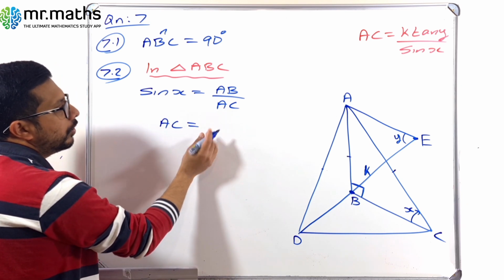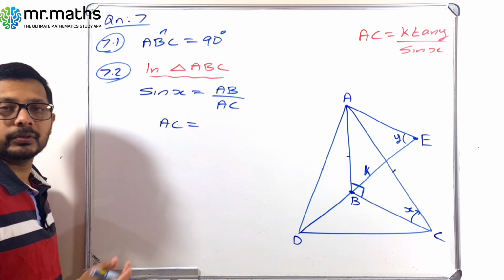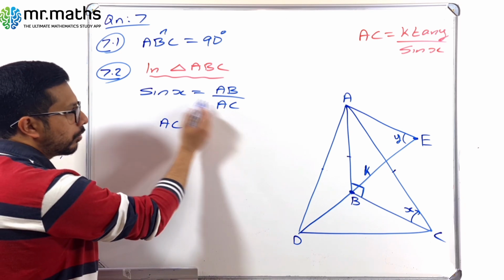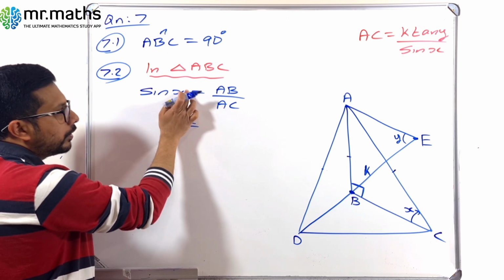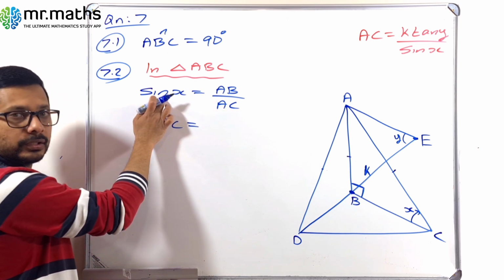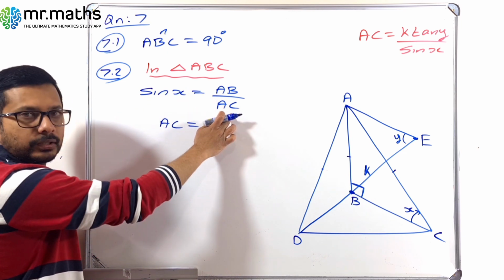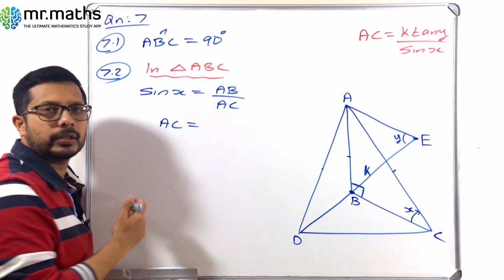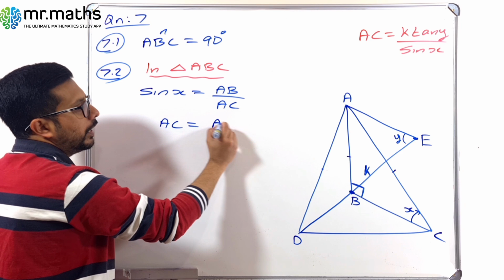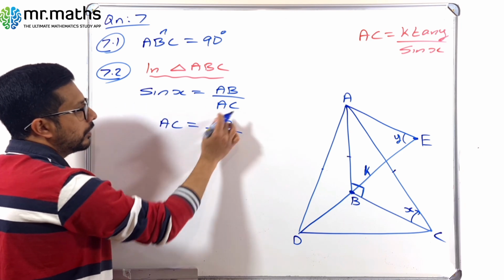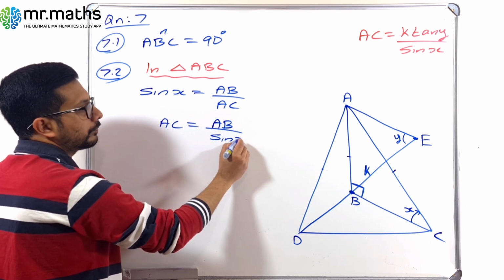AC is equal to, now you are in matric, you know how to do this one, cross multiply, or you can swap this one. This denominator will go here, and this numerator will come here. That is an easy method to find AC. So AC is equal to AB, then that sin X will come here in the denominator.